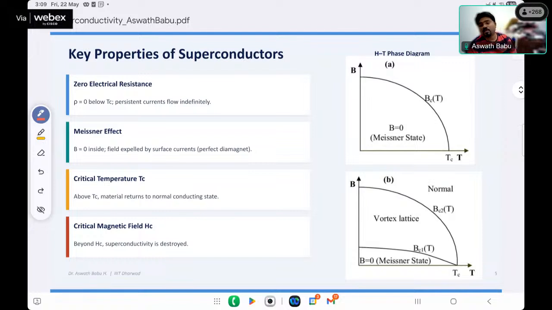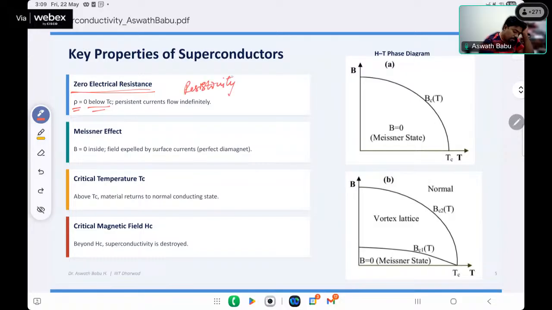As we know, when the temperature increases, the electrons or any charges acquire energy and move very haphazardly. Due to that, resistance may be created and there is no possible magnetic field expulsion through those materials. Okay, so zero electrical resistance below some threshold temperature, we can represent zero resistance in terms of resistivity.